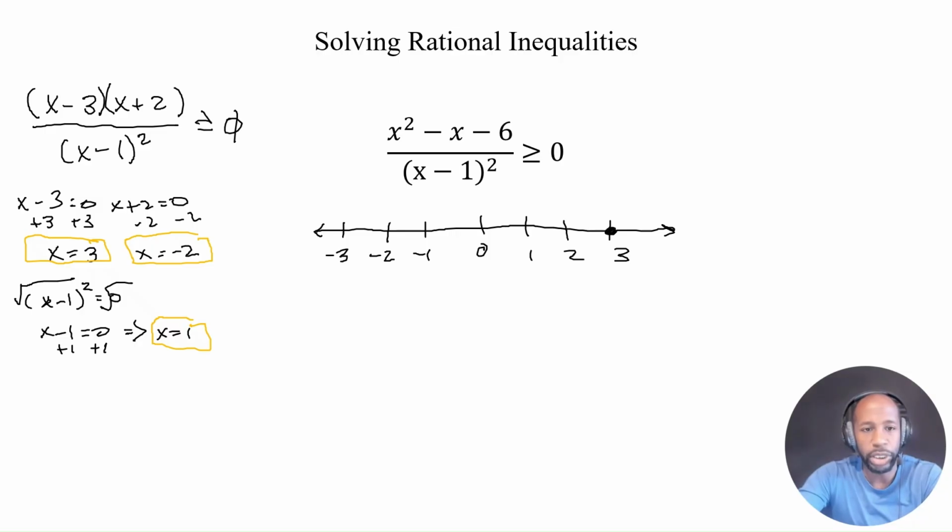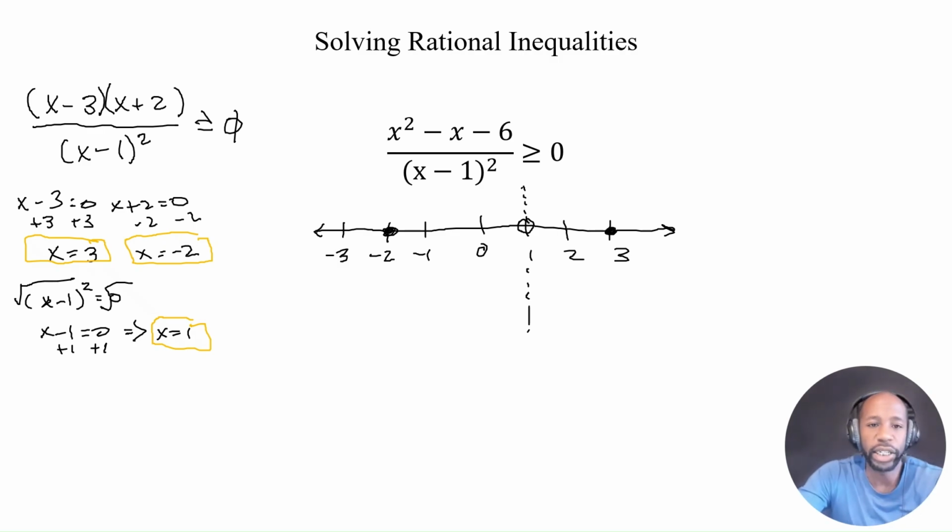This is a 0, and then you have the asymptote at 1. I just put that as an O to remind me that's a place where an asymptote is a place where this rational can't be equal. Okay. All right. So after we graph that, now we want to test some points.